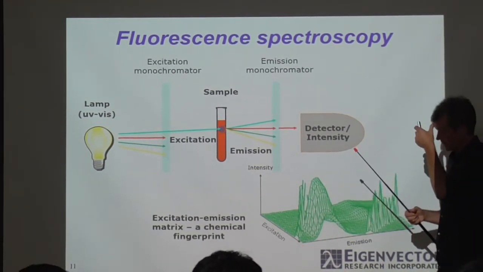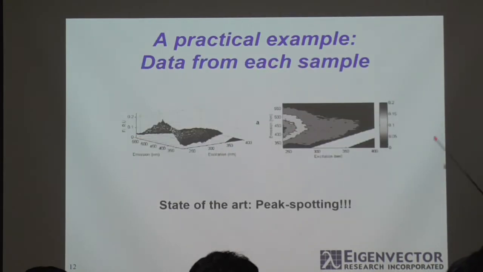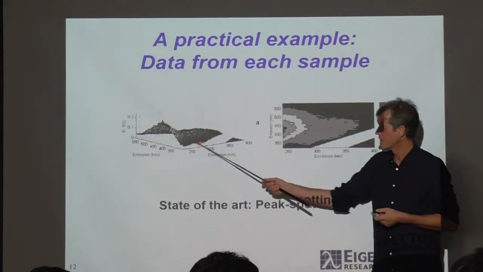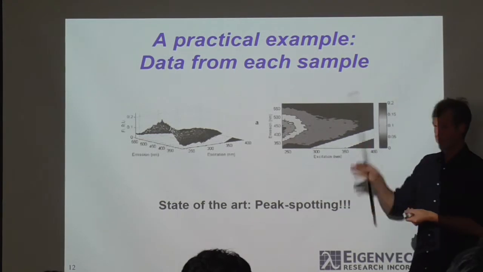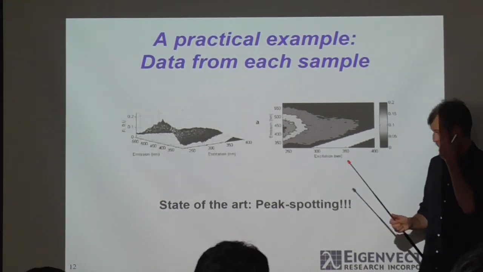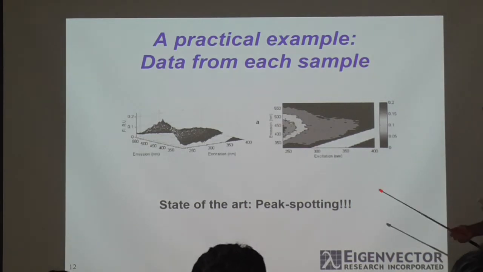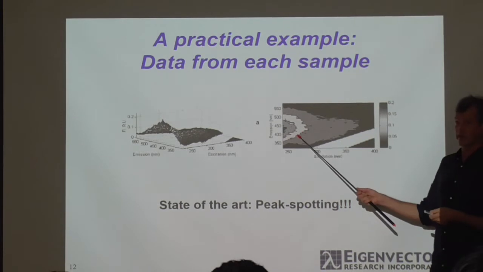Anyway, in environmental monitoring, what people do is measure fluorescence landscapes. Here's one fluorescence landscape, plotted either as a landscape or as a contour plot. This is the traditional approach for plotting these things. Until a few years ago, the state of the art was to look at them.